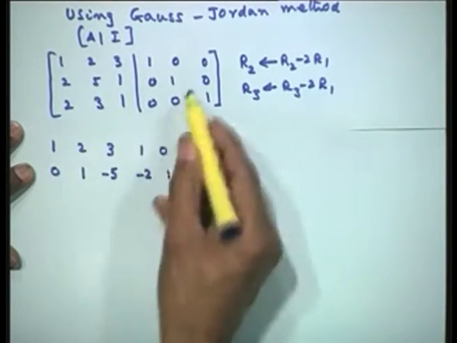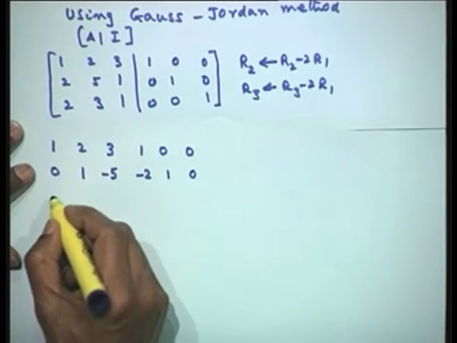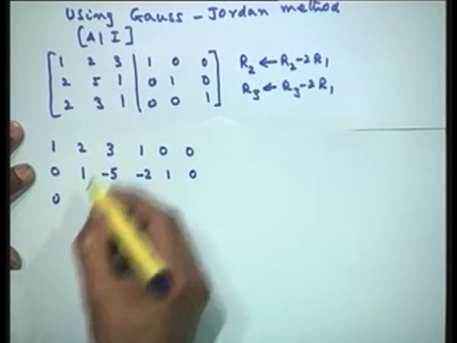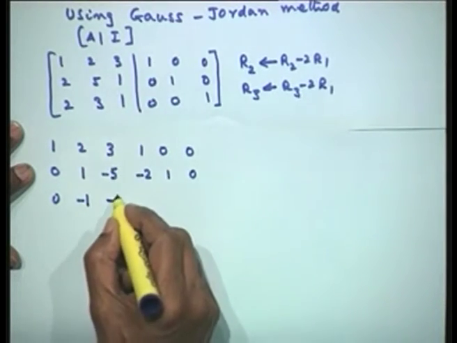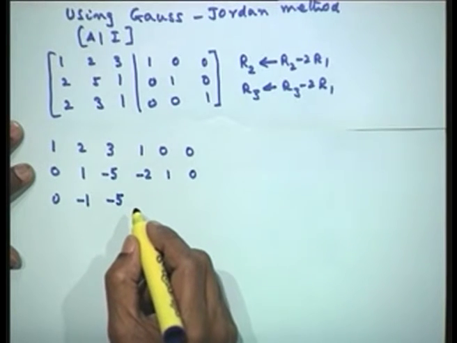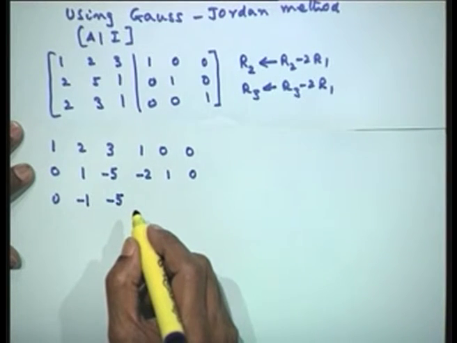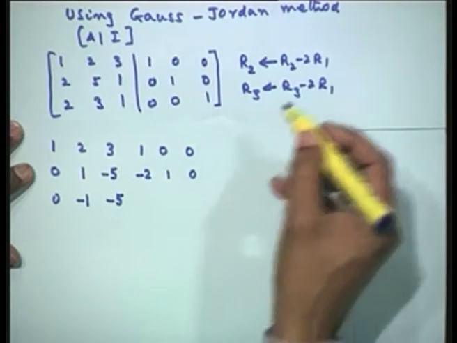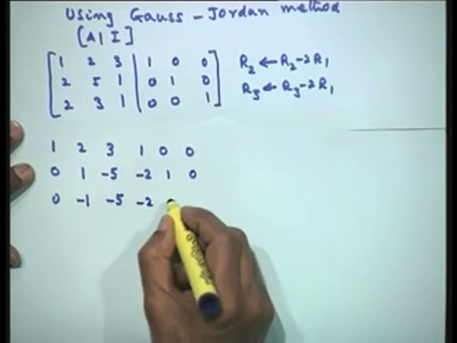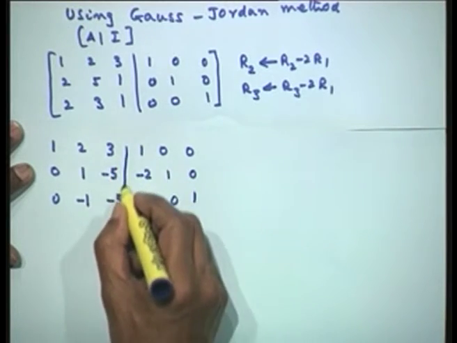So, that is the second row. The third row is 0, 3 minus 4 that is minus 1, 1 minus 6 that is minus 5, and we have multiplied this by 2, this is minus 2 0 1.